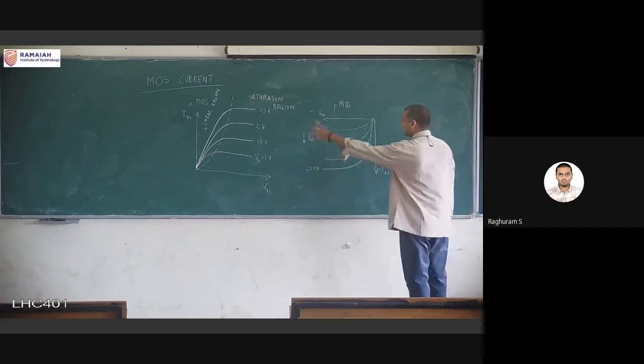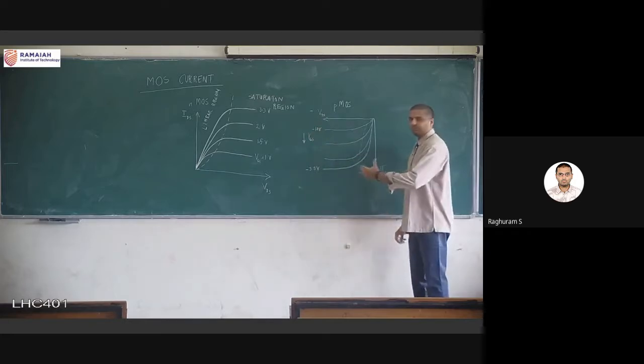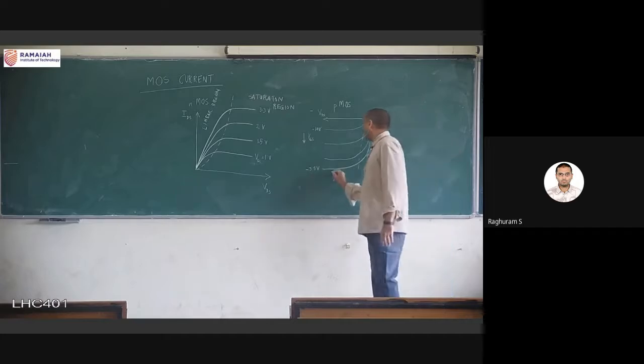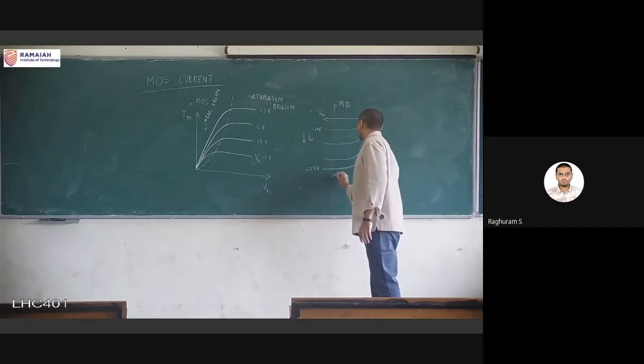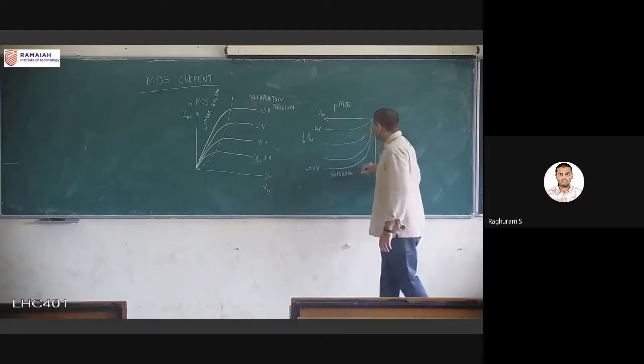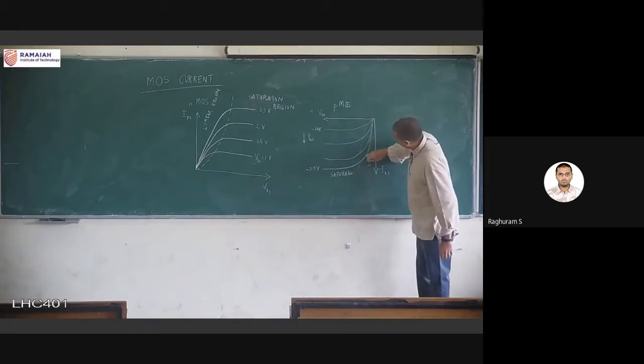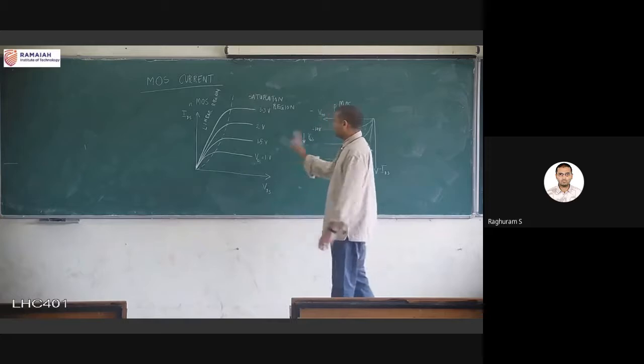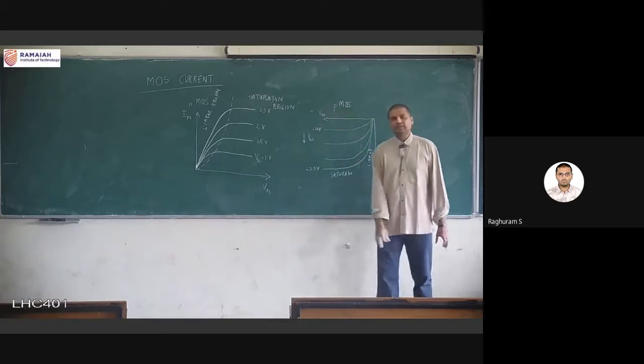Similar to that pattern, here also, as VDS becomes more and more negative, it is in saturation. And when VDS is less and less negative, it is in the linear region of operation. So very similar curves, very similar behavior.